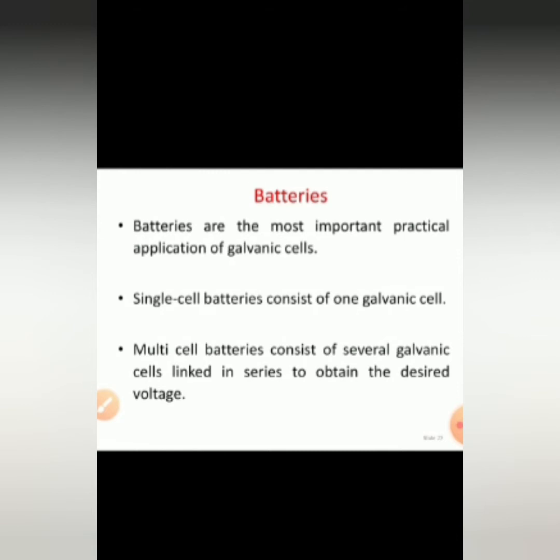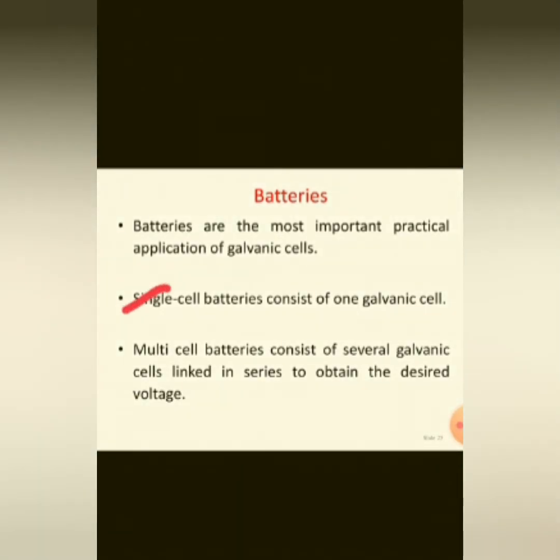Single cell batteries consist of one galvanic cell only, and multi-cell batteries consist of several galvanic cells linked in series to obtain the desired voltage. For obtaining high voltage, we can use multi-cell batteries.